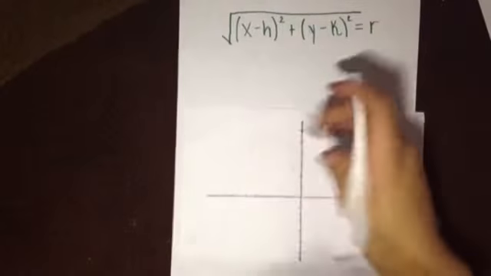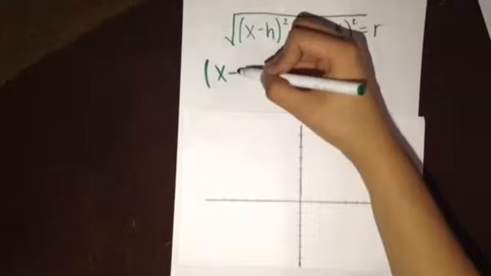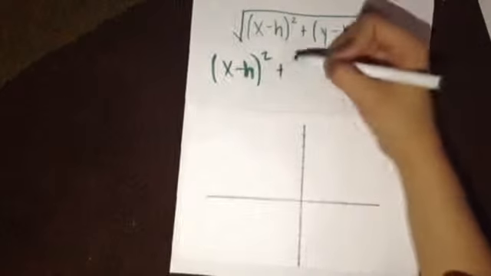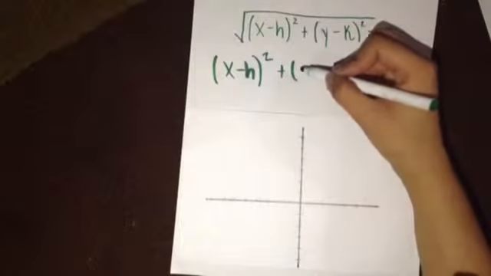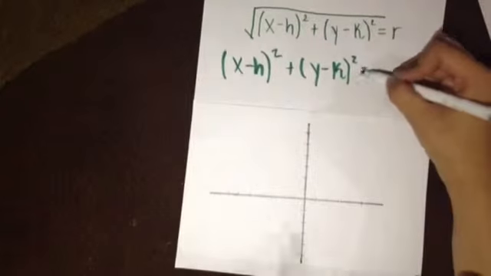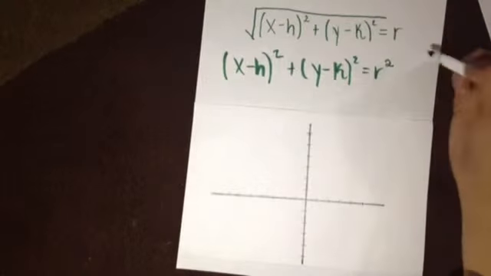This can also be interpreted as (x minus h) squared plus (y minus k) squared equals r squared.